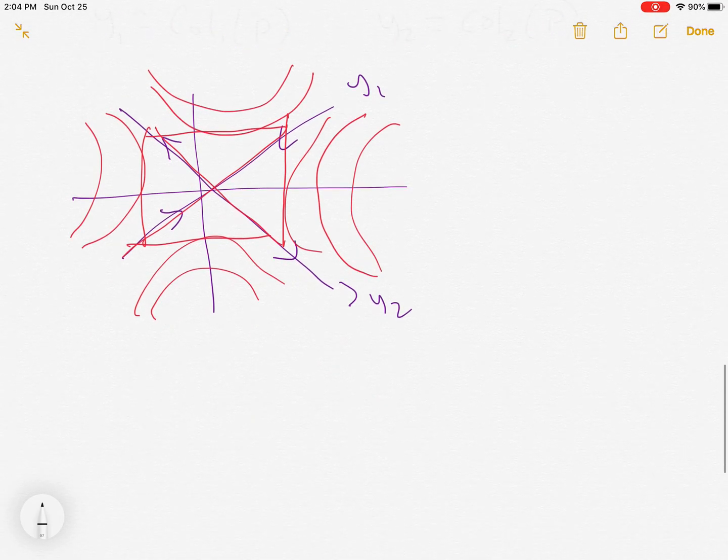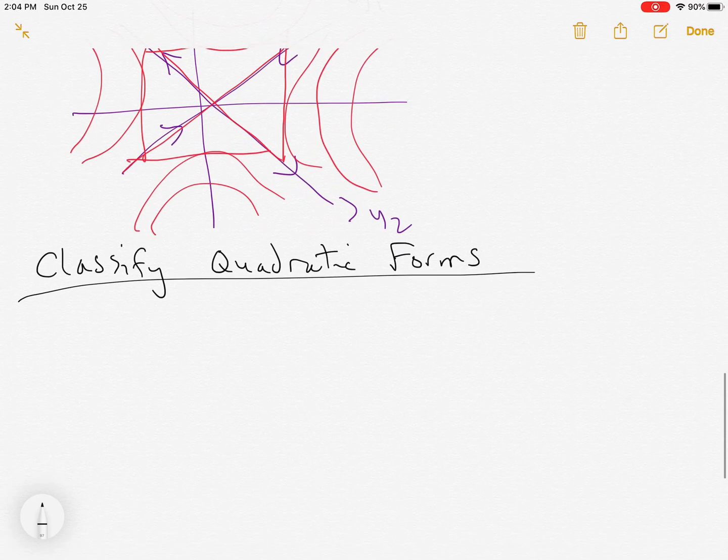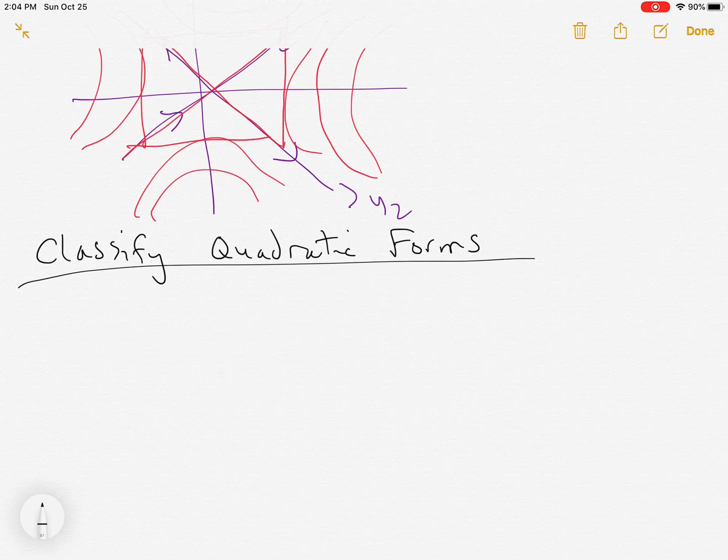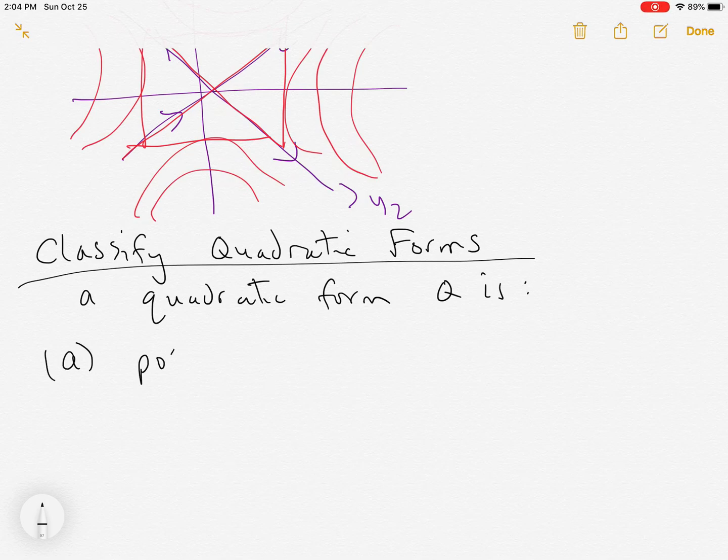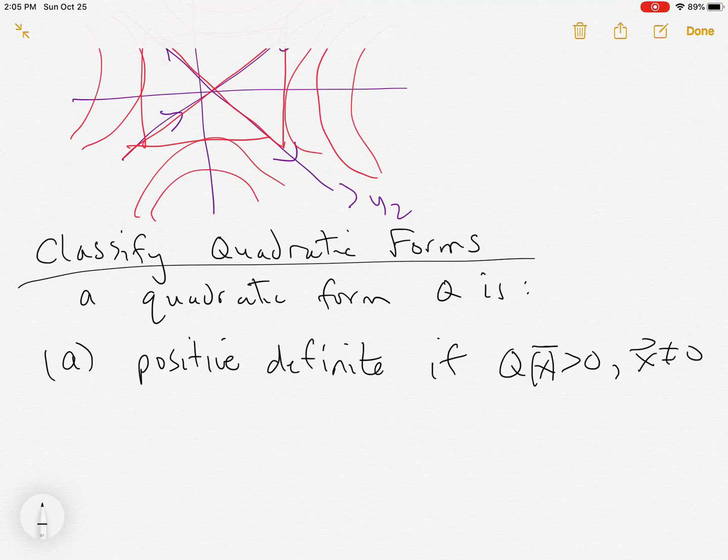So now we classify these things. A quadratic form Q is positive definite if Q of x is greater than 0 for all non-zero x.